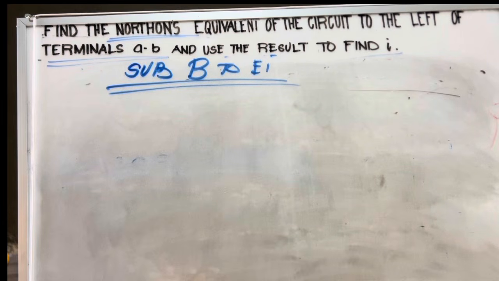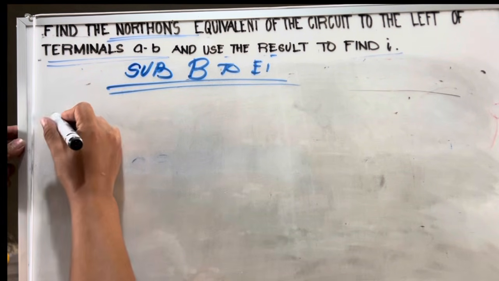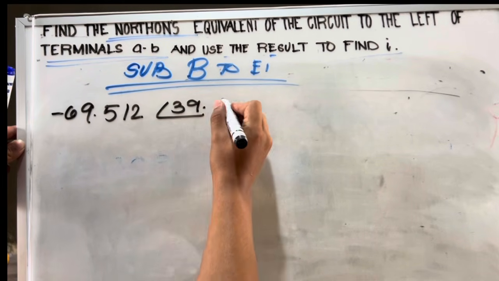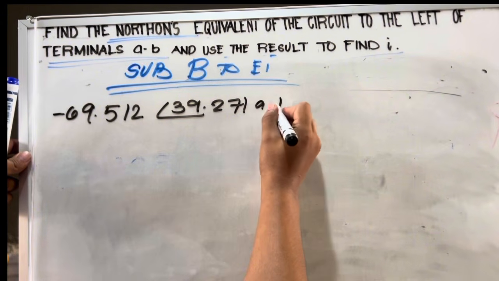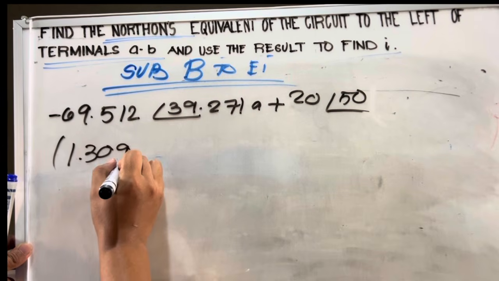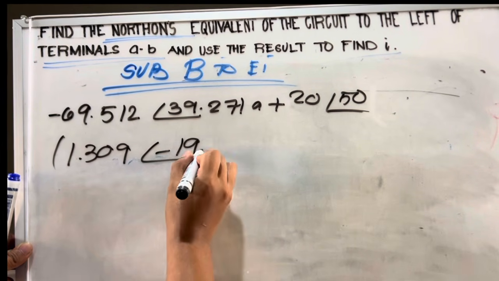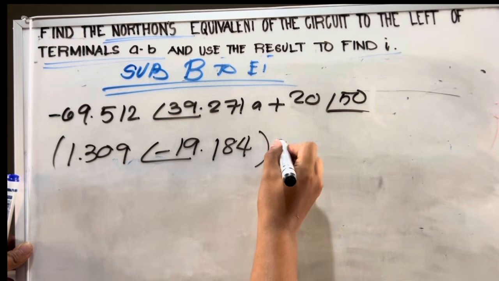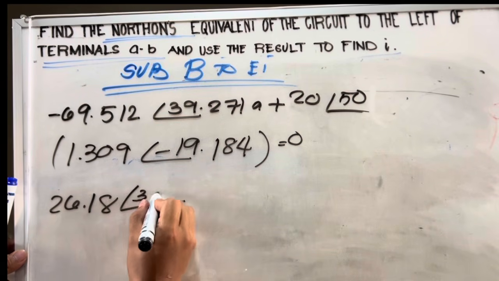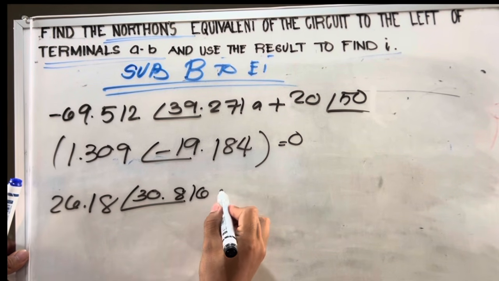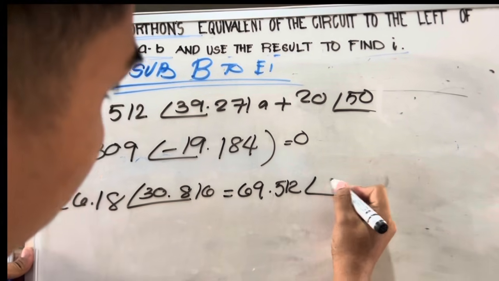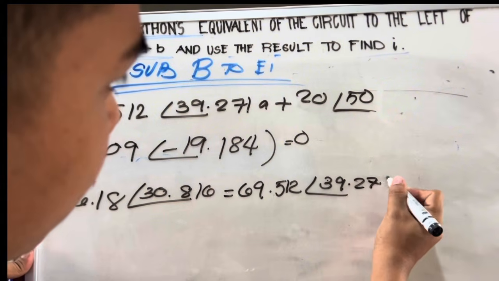Okay? So, negative 69.512 angle of 39.271 times A plus 20 angle of 50.309 angle of negative 19.184 is equal to 0. Therefore, we will get 26.18 angle of 30.816 is equal to 69.512 angle of 39.2719.